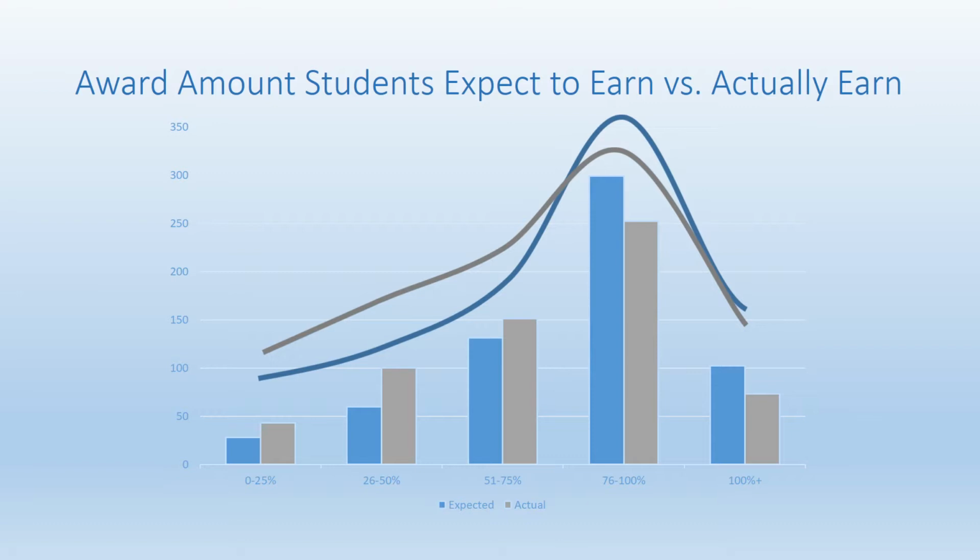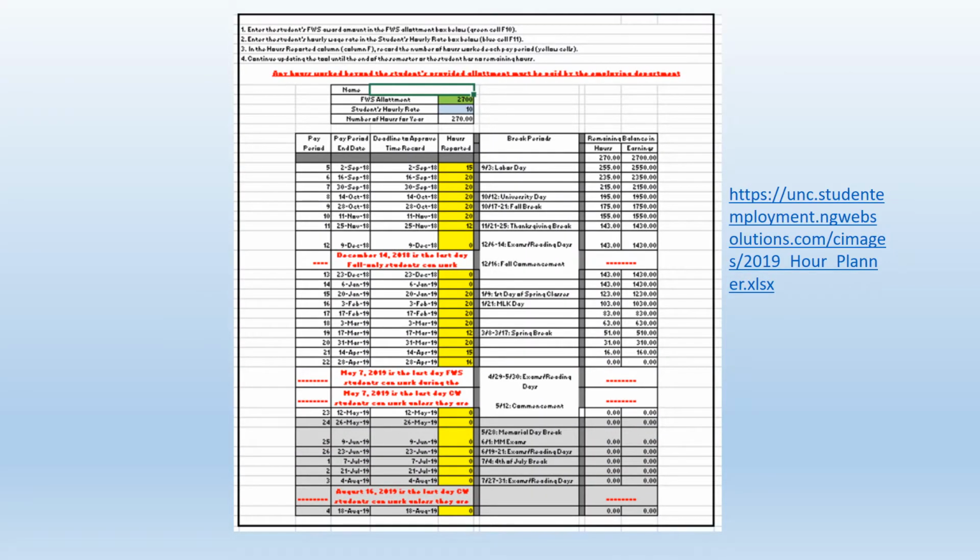So we created another tool to assist you with that. This is very similar to the time record log. We call it the hour planning log I mentioned at the beginning of this presentation. It works the same way. You'll put the student's allotment in the green box, their hourly rate in the blue box, and it will track the number of hours and the number of dollars remaining in the student's award.